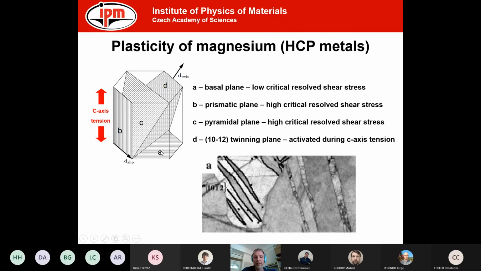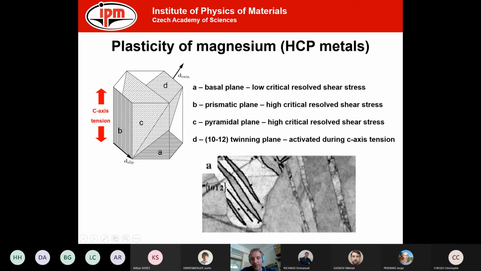And the most common twinning plane for magnesium is this one, the {10-12} twinning plane, which is activated during tension along the c-axis of the crystal. Its critical stress is lower than the one for the pyramidal plane. Therefore, when you apply tension in this direction, you most likely initiate a twin.